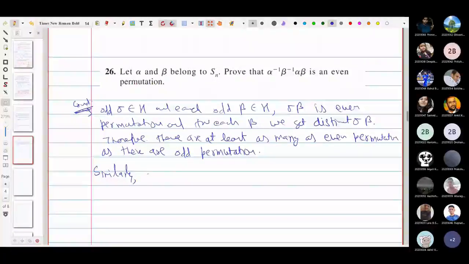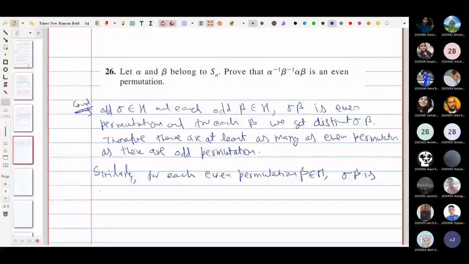So similarly, we can take beta as an even permutation. For each even permutation beta in H, because sigma is fixed and odd, sigma beta is what, even or odd?